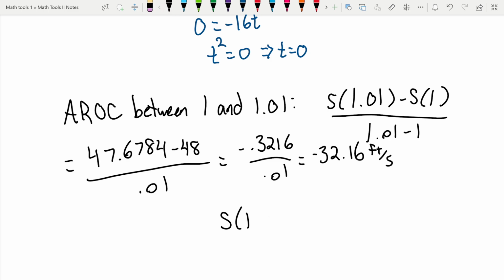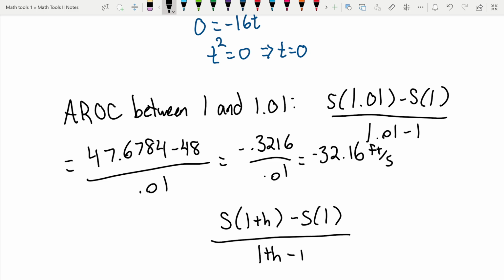It doesn't really matter which way we formalize it, but let's say we're doing s of 1 plus h minus s of 1 divided by 1 plus h minus 1. Okay, so h here is just some small number, right? We're just looking at numbers that are just a little bit to the right of 1. And we're looking at the limit as h goes to 0, right?